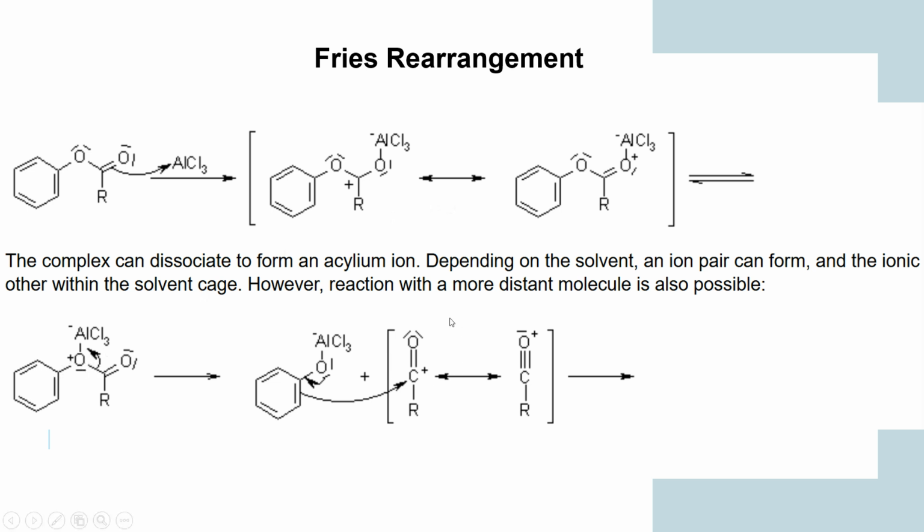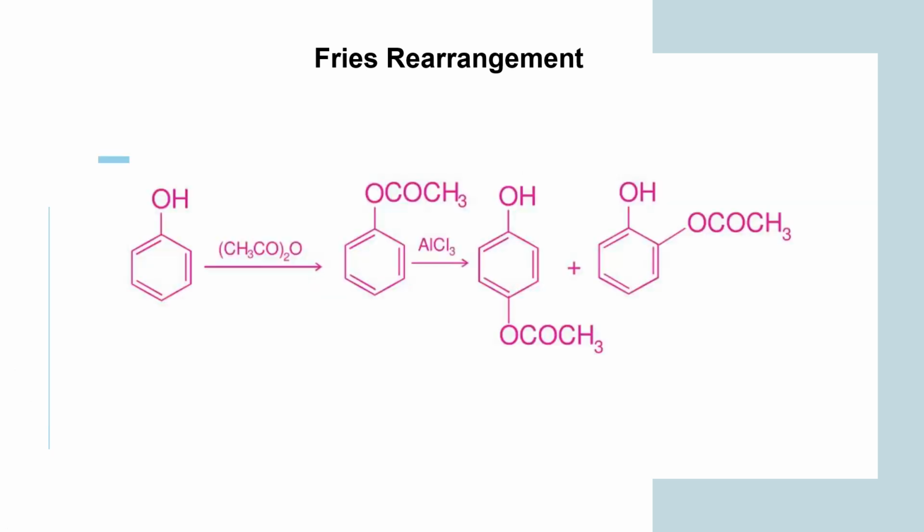Okay, and this acylium ion can be attacked by the aromatic ring, which is preferred from the ortho position or the para position. This is why the COR group is attached in the ring in the subsequent product which is going to be formed. So this particular reaction is called Fries rearrangement.